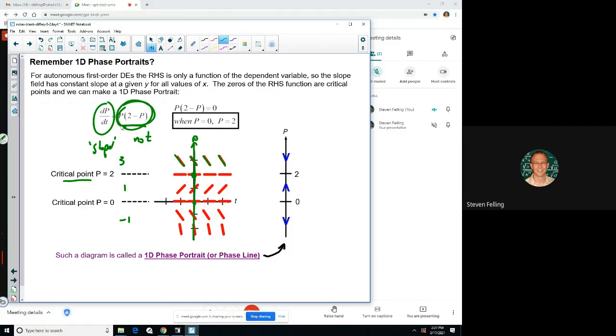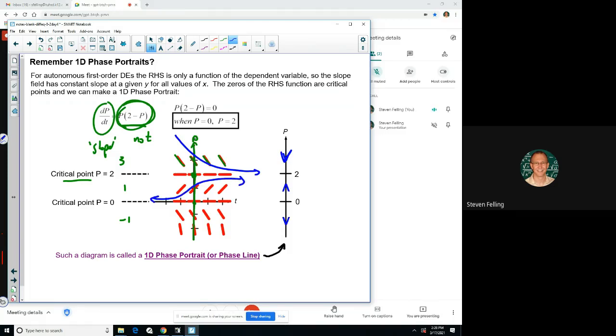So then we learned behavior. We said, well, if this is going to be a negative slope in the top here when p is above 2, then we put a downward arrow here, just indicating that any curve as we go from the right has to have a downward slope as it approaches this value asymptotically. And the same thing here, we'll have positive slopes, so they will approach the two critical values asymptotically.